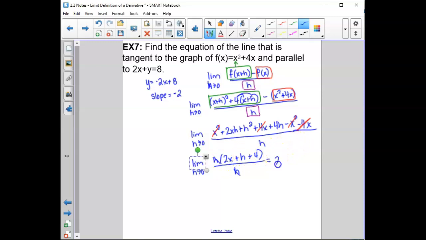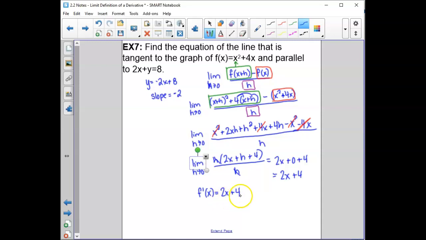And so I will be left with 2x plus 0 plus 4, which of course is 2x plus 4. So f prime of x, our derivative, is going to equal 2x plus 4. So that gives me the general derivative.